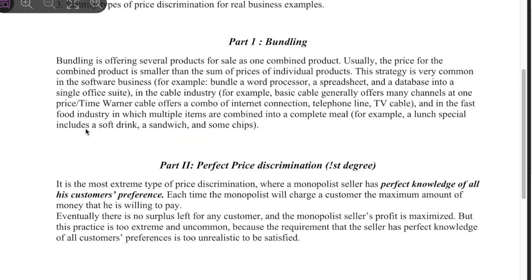And what about the producer side? So if he could sell it individually, if he could sell the sandwich for $7, $1 for the drink, and $2 for the chips, the fries, then he could have made $10 per meal with the components.